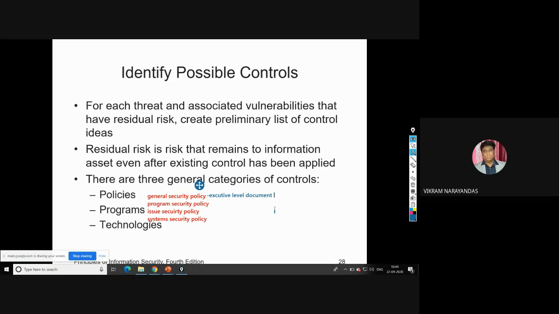This document is generally created by the CIO. What is the full form of CIO? Please answer in the chat box. We discussed these in the first classes. CIO: Chief Information Officer.